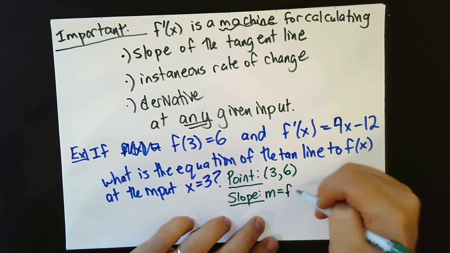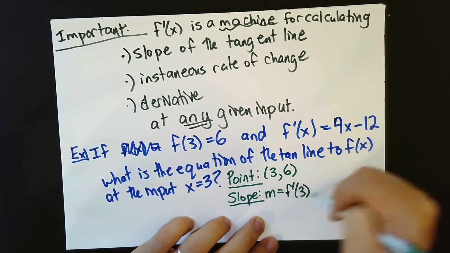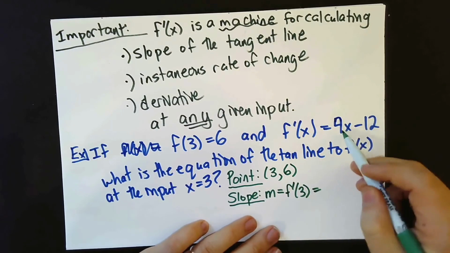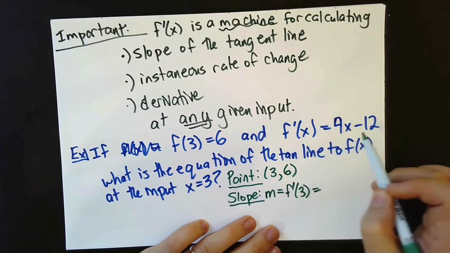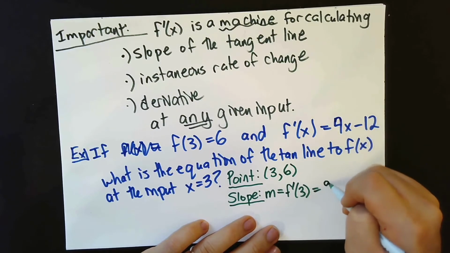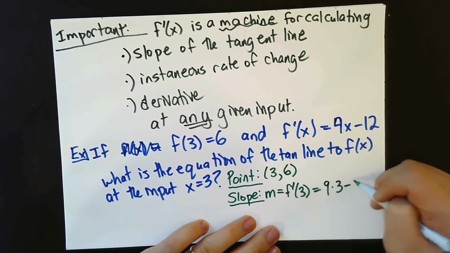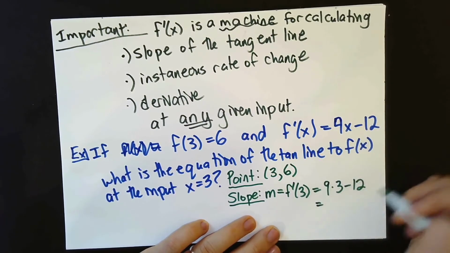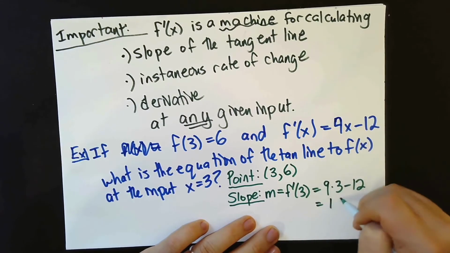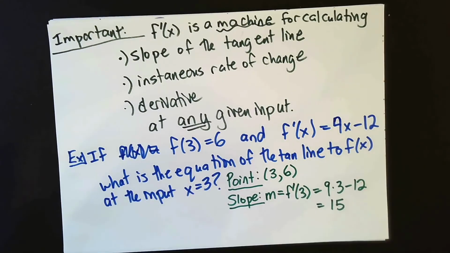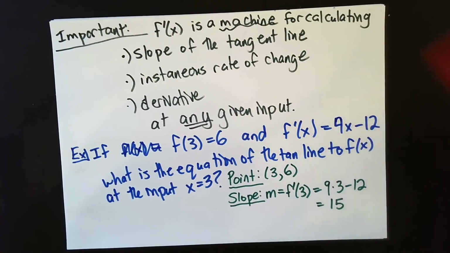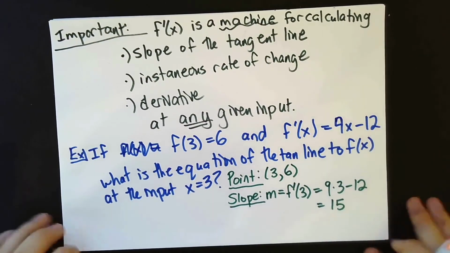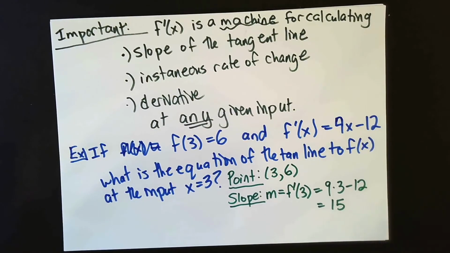Rather, the way I get the slope is by calculating f prime of 3, which I get by plugging 3 into this, exactly as the notation suggests. So this will be 9 times 3 minus 12, which will be 27 minus 12, which will be 15. If you're paying super close attention, you might notice I changed this because it was going to work out to be 0, and I just wanted it to be more exciting.